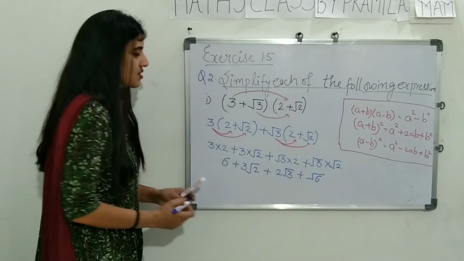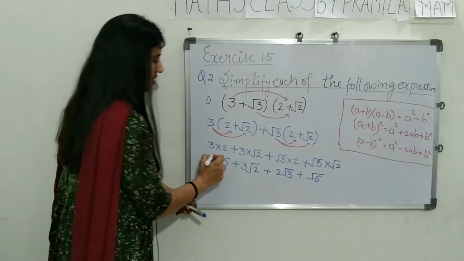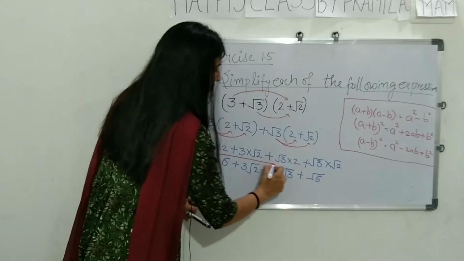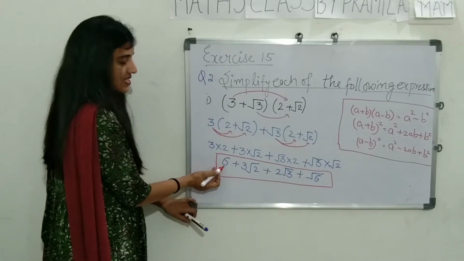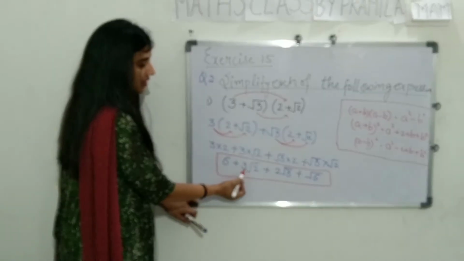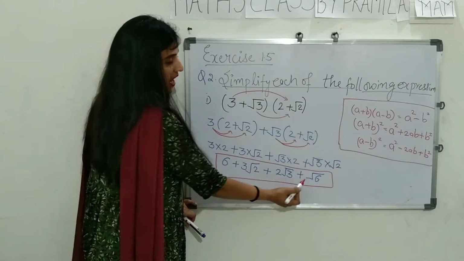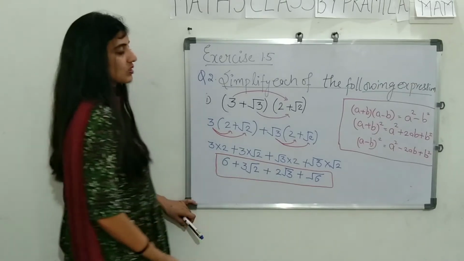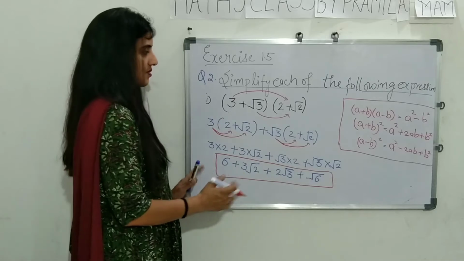Okay, this is the final answer. Now how this is the final answer, I'll tell you. 6 is a constant term. Here 3 root 2 and this is 2 root 3, both are different, and this is root 6, again a totally different term. So this is the final answer.